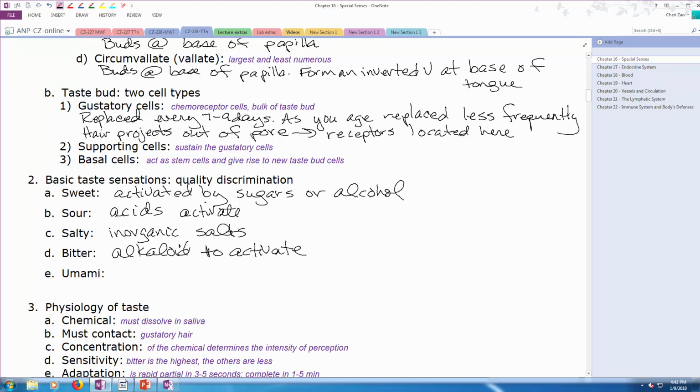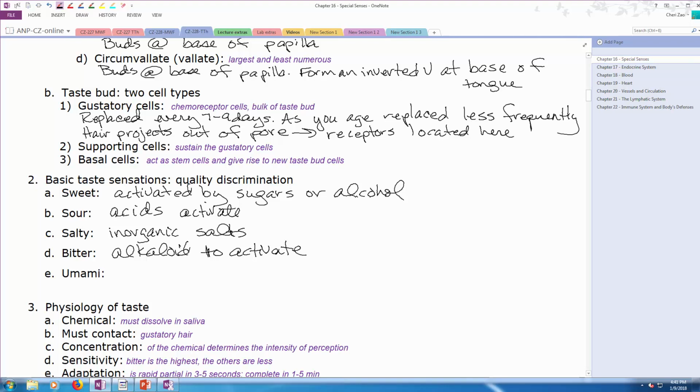And then there is another taste sensation called umami. And umami is actually a taste receptor on cells that are not on the tongue, but they're actually on the soft palate and the back of your oral cavity and in your pharynx.